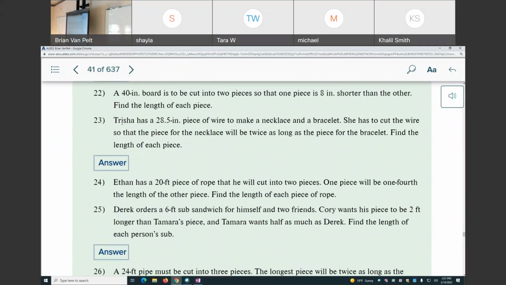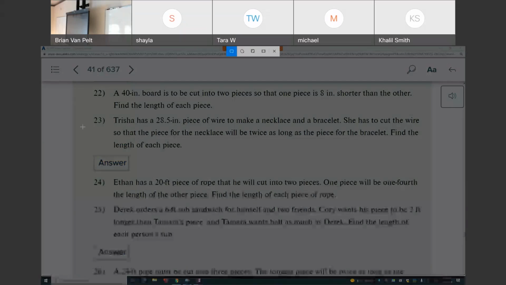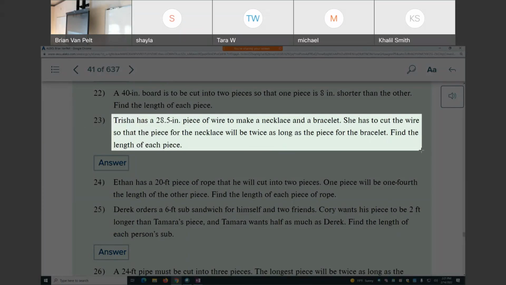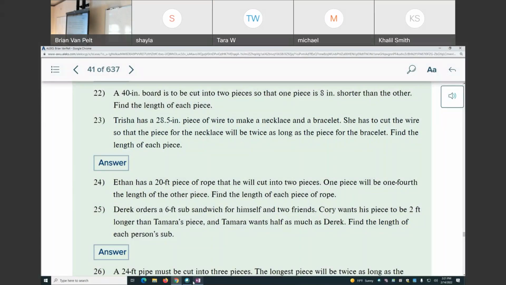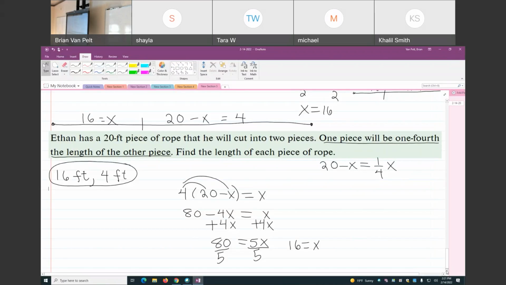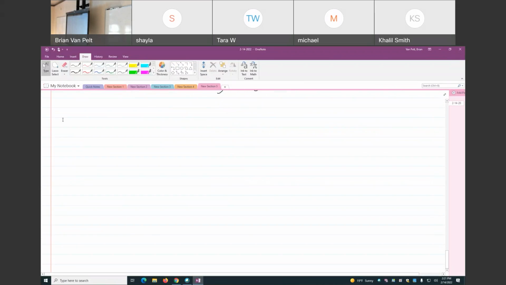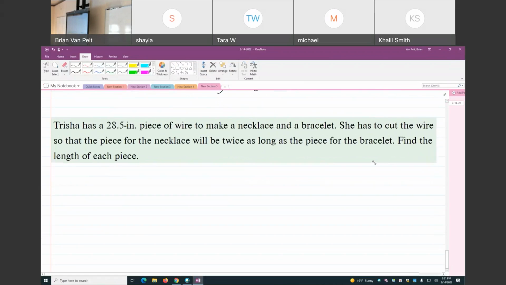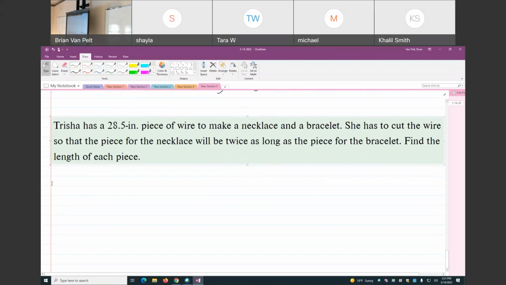All right, so we've got 2 pieces there. Trisha's working on 2 pieces. All right, let's try Trisha. So now that you've had 2 of the same kind, hopefully everybody will get this one, and I will feel comfortable moving on.